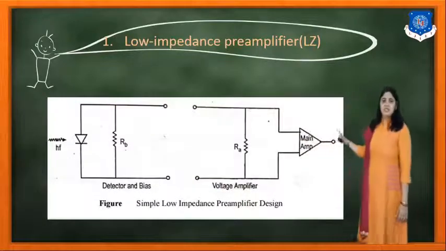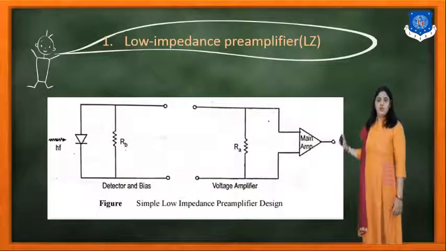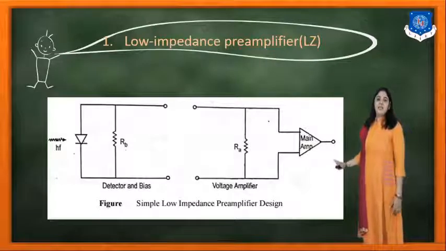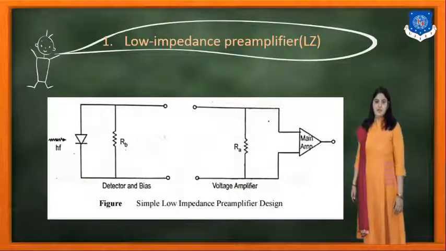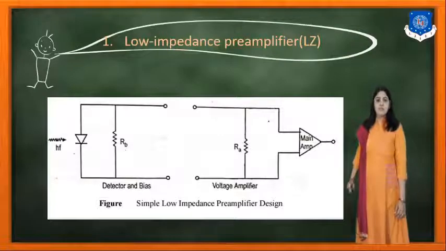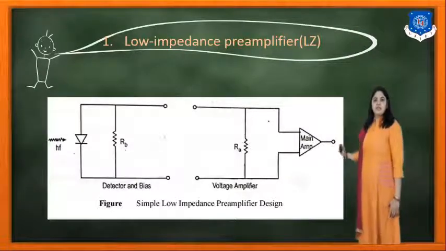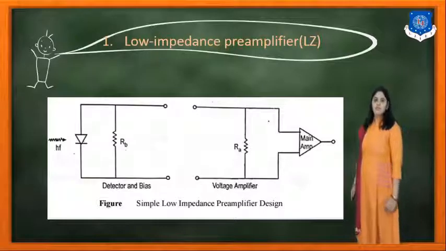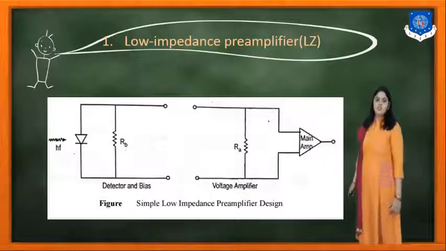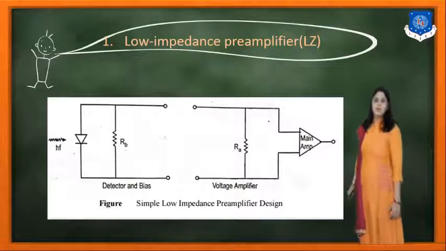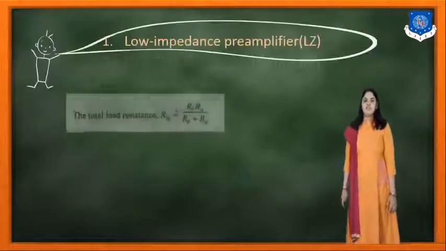Here we can see the simple low impedance preamplifier design. In the diagram, we can see the detector and the bias, and it is connected with the voltage amplifier.